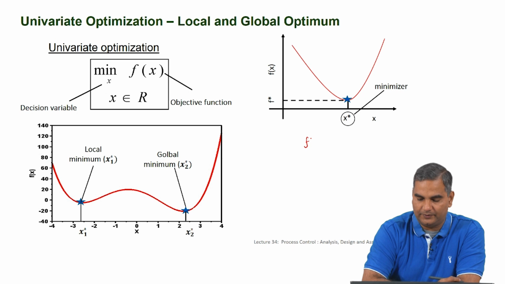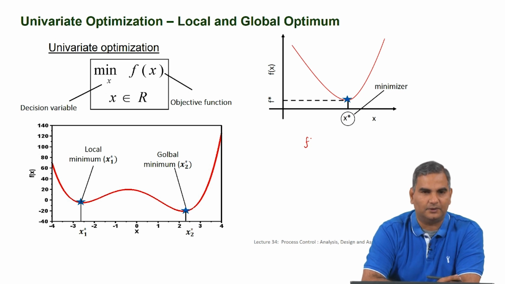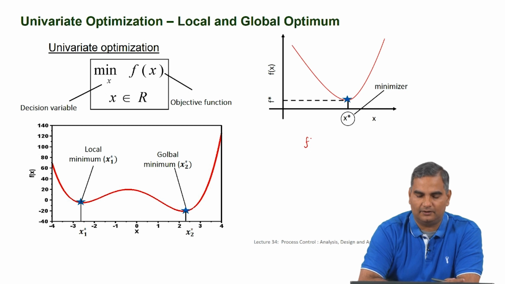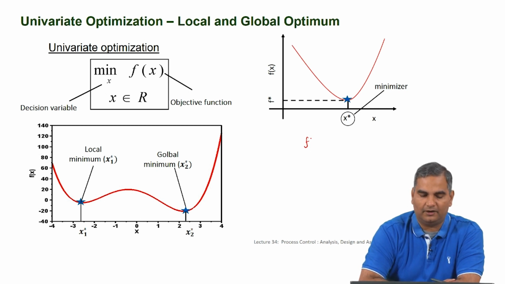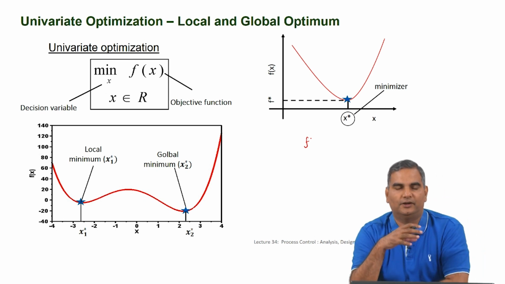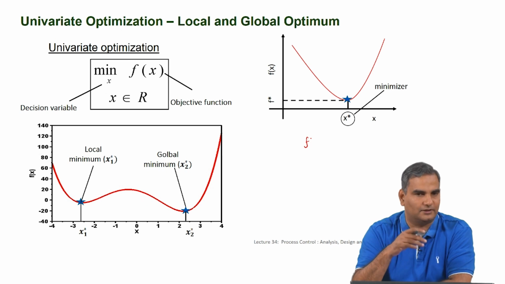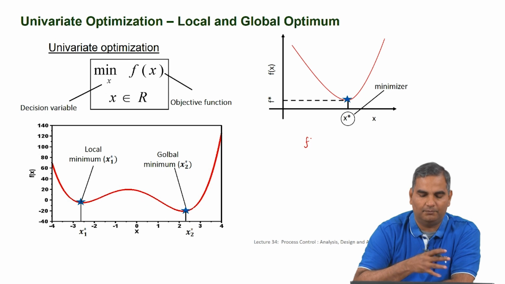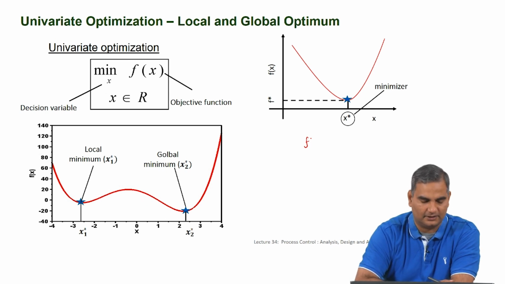This is a function that I am either trying to minimize or maximize. Typically people talk about minimization problems most of the time, because maximization problems can also be solved as minimization problems. So, you do not have to worry about whether it is a minimization or a maximization problem, both are completely equivalent. So, we will only focus on minimizing a certain objective function.